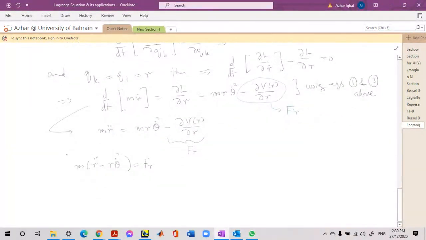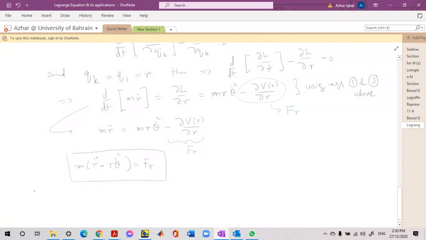This is the first differential equation which governs the movement of that particle moving under the central force, obtained by applying the Lagrange equation. Now consider the Lagrange equation for the second generalized coordinate.